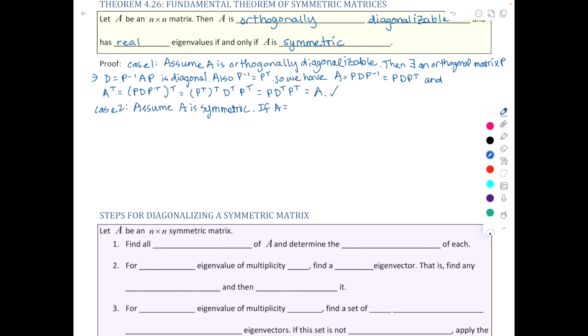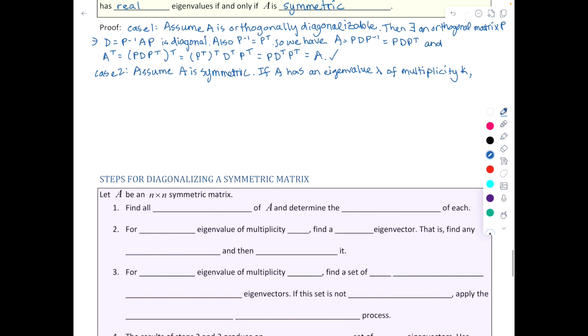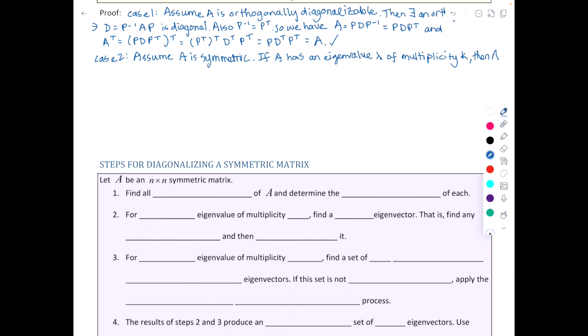If A has an eigenvalue lambda of multiplicity k, then A has k distinct eigenvectors which are linearly independent.